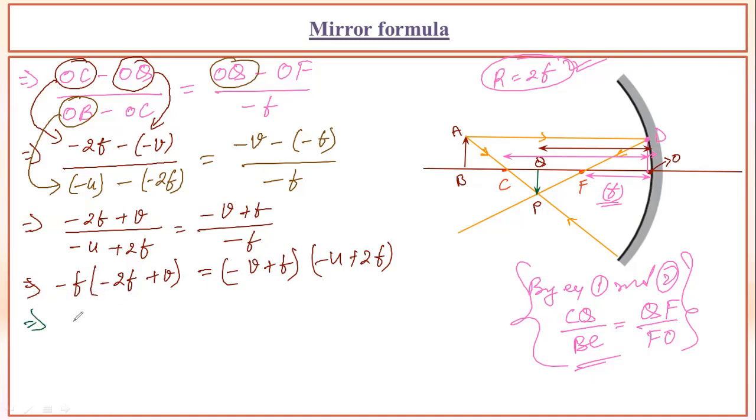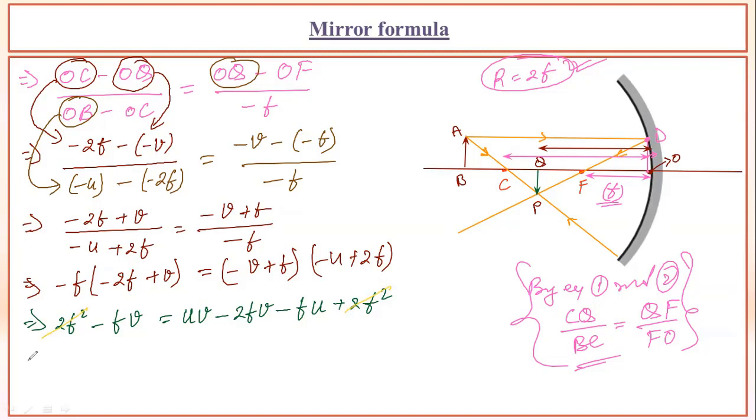When you simplify, it is going to be positive 2F squared minus FV equals UV, then minus 2FV, then minus FU, and plus 2F squared. So easily you can cancel this 2F squared and this 2F squared.